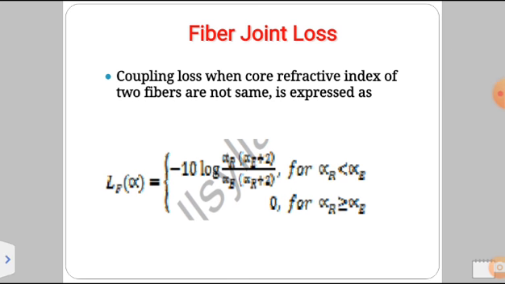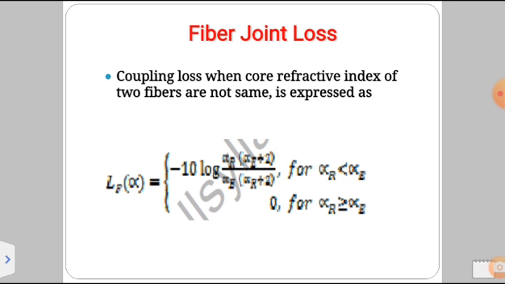Now, one more, the coupling loss. We have to minimize the coupling loss. Coupling loss when the core refractive indices of two fibers are not the same. That is expressed like this: coupling loss that must be 0. Ideally, theoretically, it is 0, but practically it exists. It has certain losses.